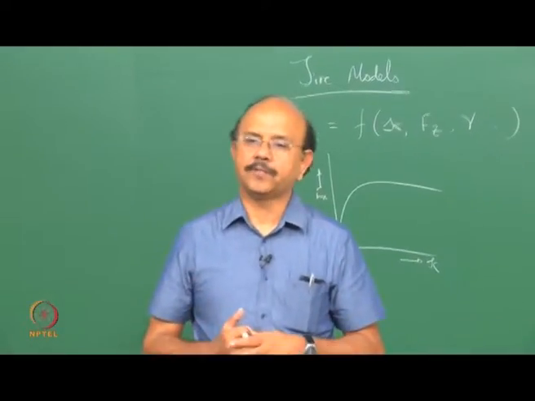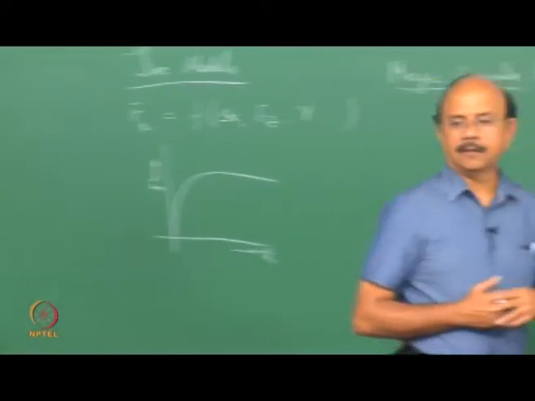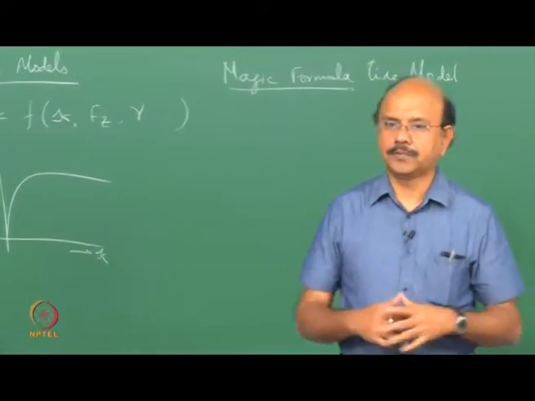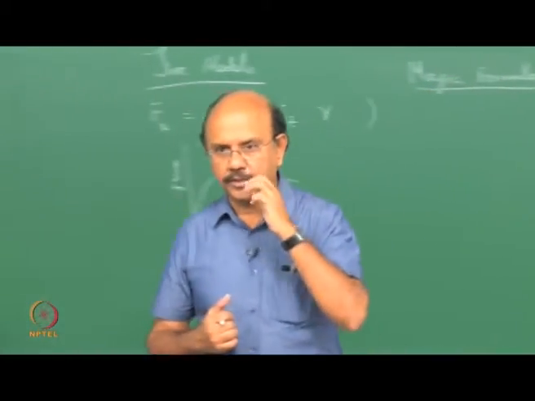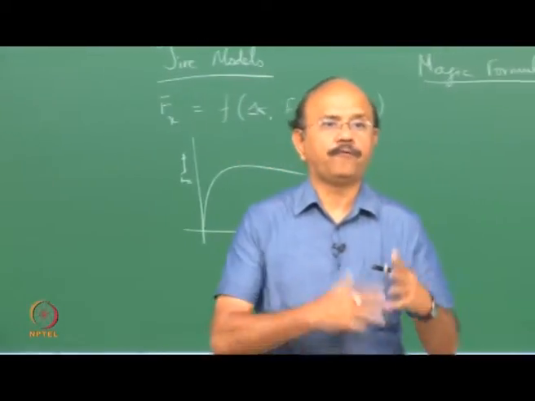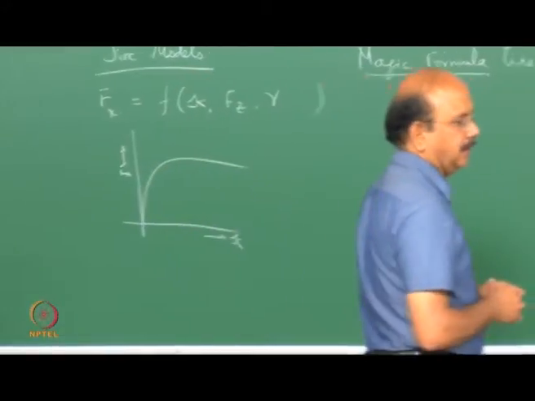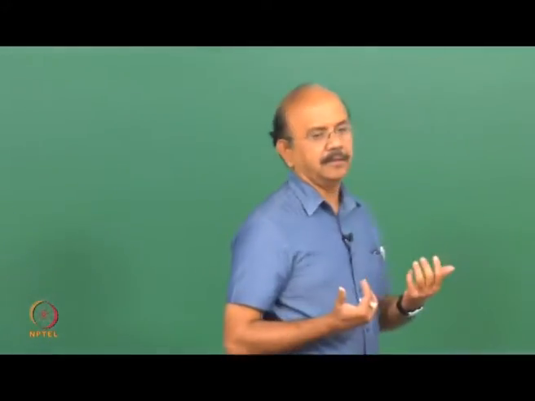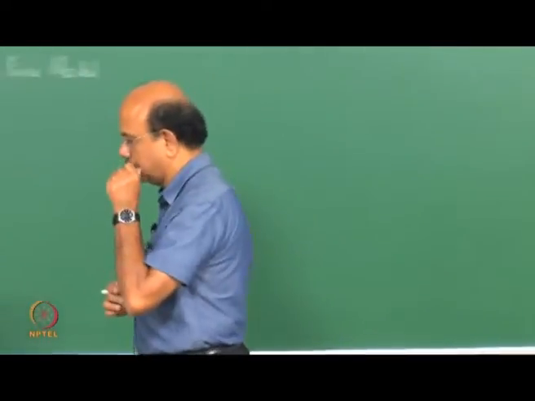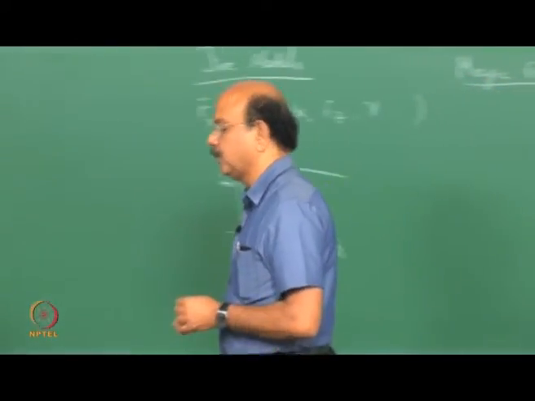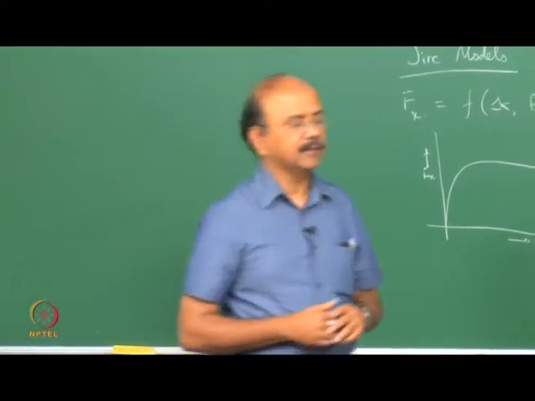Sometimes later it was called the magic formula tire model, and so on. 87 to 89, there were 2 or 3 papers in SAE which actually formed the basis or laid the foundation. Later in 1993, this model was adopted by Michelin tire company, and they came up with a modified version of it. And they call this the magic formula model using an empirical technique.